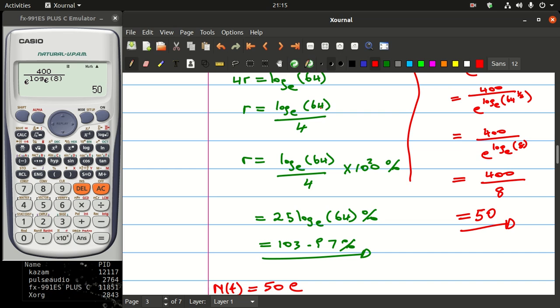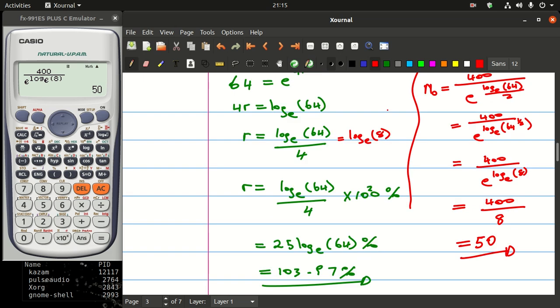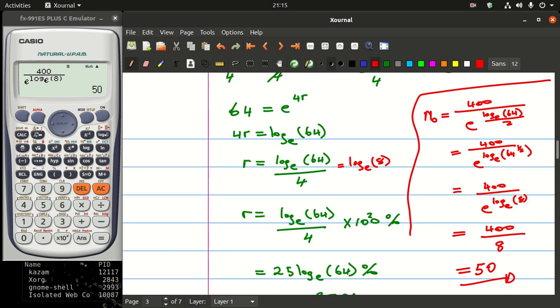We can place this as it is, or we can try and see if we can work it out. This 64 is the same as, I worked it out to be log e, and then we ended up having an 8 inside. No, this is not supposed to be it. This one is, because we multiplied by 2. So if we are continuing to work it out, let me work it out on the side here.